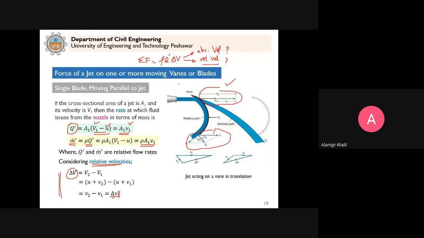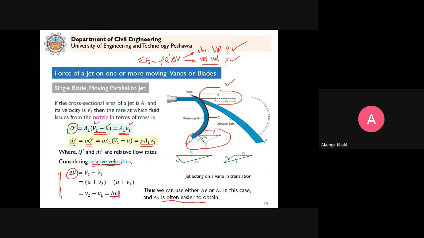So in this equation, when we have a single moving vane, the force in the u direction that you calculate, whether you consider the change of absolute velocity or the change of relative velocity, you will get the same result.